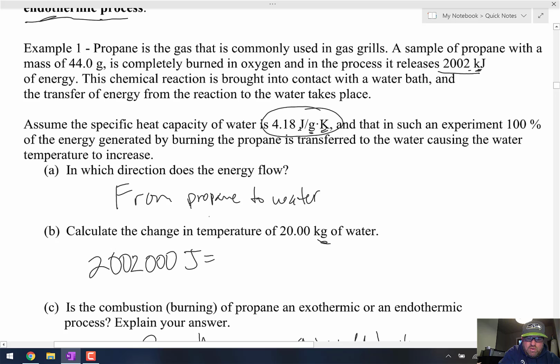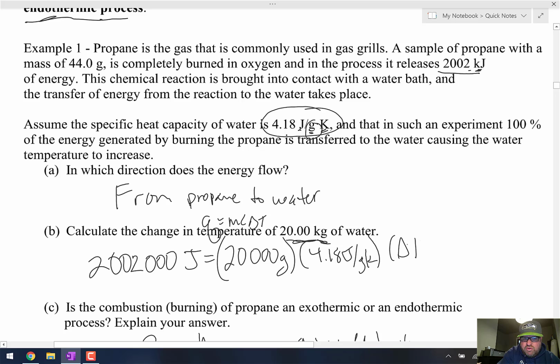Again, we're using Q equals mc delta T here. The mass is 20 kilograms, and again, it needs to be in grams here, so kilograms to grams is also multiplied by 1,000. Then the specific heat is 4.18 joules over gram Kelvin, and the temperature change is what they're asking you for. So now we just go to our calculator.